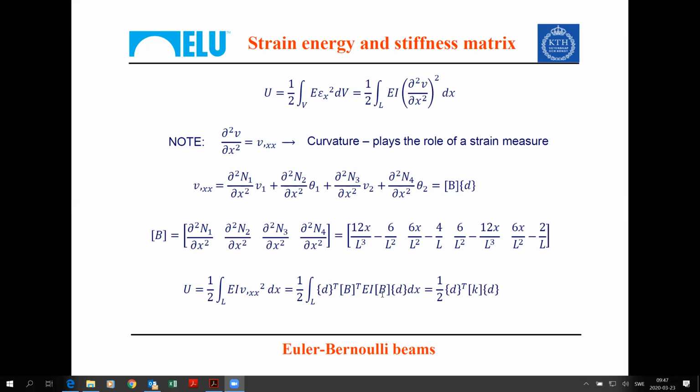If I transpose a matrix product, A times B, then the result would be B transposed times A transposed.